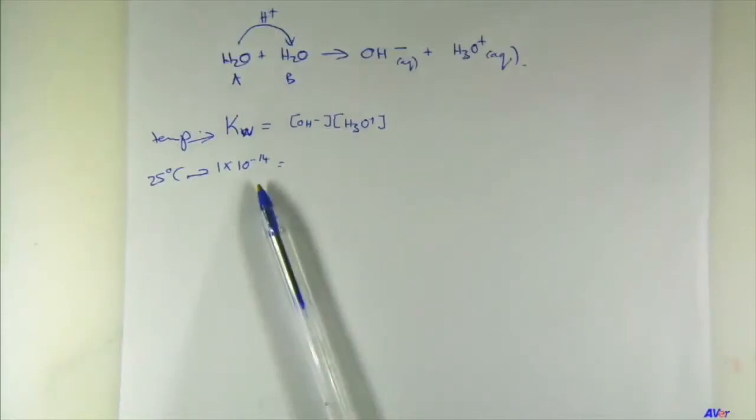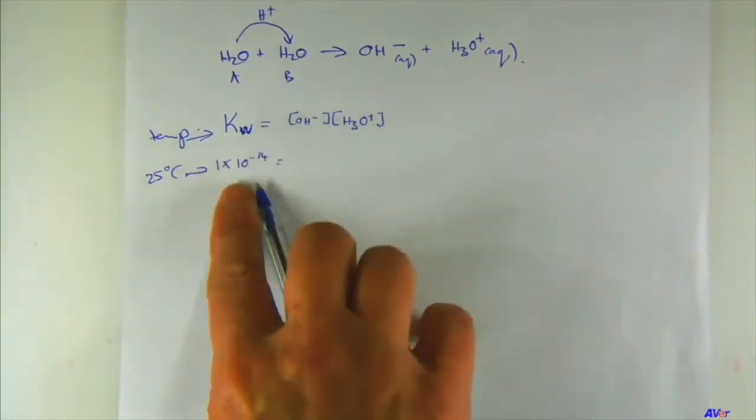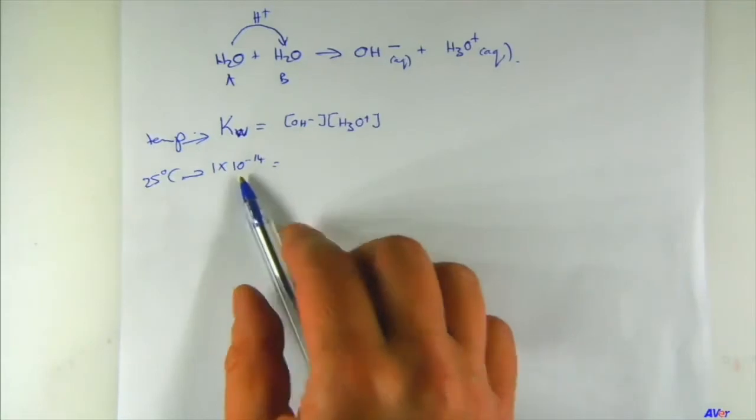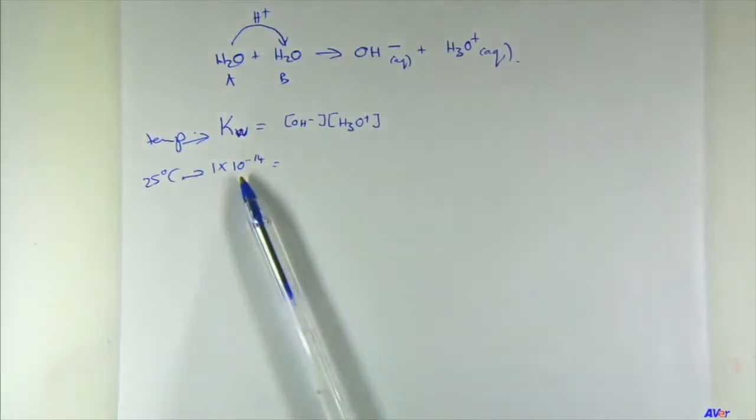Now I want to ask you, is this a big or a small one? This is very small. So if I take this water in this bottle and I was able to count which of these H2O molecules in there occur as molecules and which of them have split up into OH minus and H3O plus, how many of them will be H2O molecules and how many will have split up into ions?